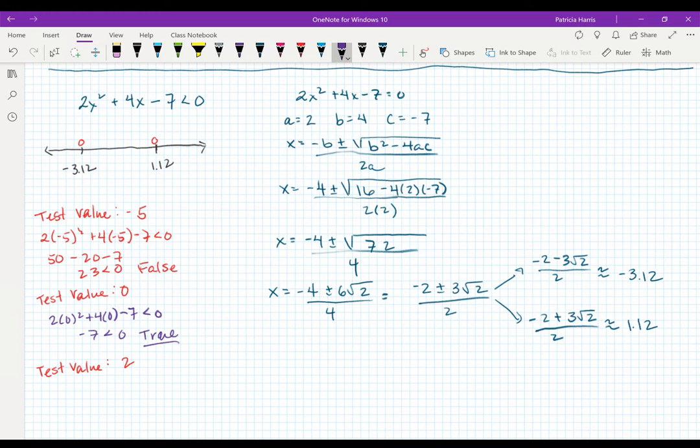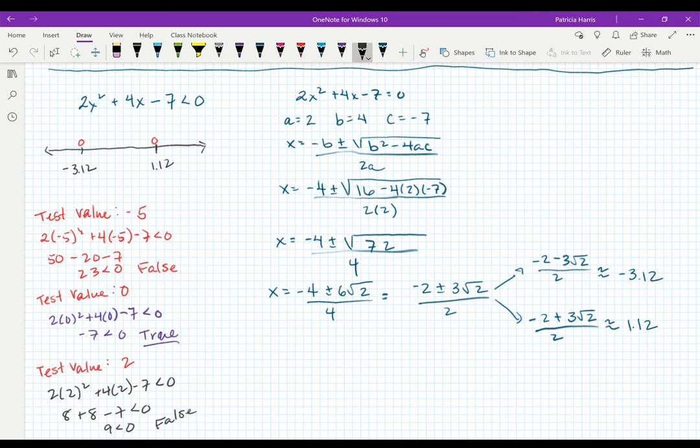Okay. Last one. I'm going to pick a test value of 2. So 2 squared is 4 times 2 is 8 plus 8 minus 7 less than 0. That's 9 less than 0. That is a false statement.